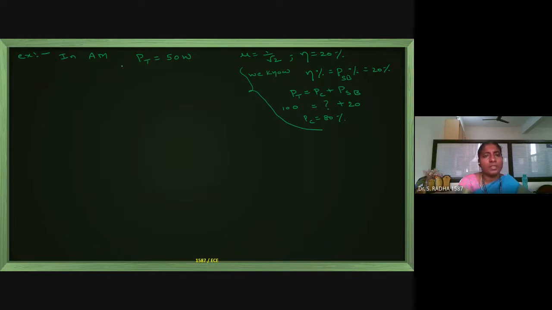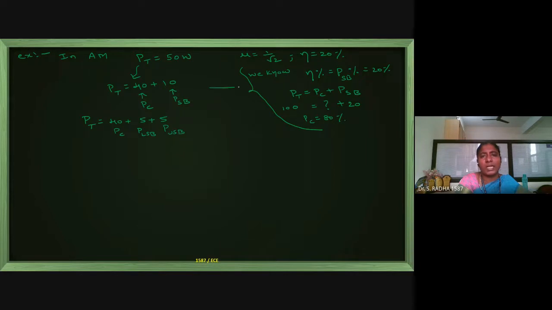Now, this total power of 50 watts can be split: 80% is 40 and 20% is 10 watts. So this 10 watts I am taking as sideband power, and this 40 as carrier power. Further, the sideband power can be written as 5 plus 5, where this is lower sideband power and this is upper sideband power.